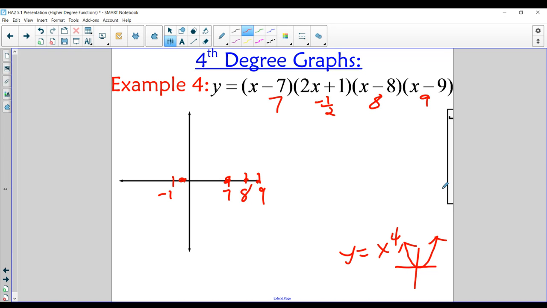All right, so on this graph here, y-intercept. So at a y-intercept, we would have -7 times 1 times -8 times -9, excuse me, those should be negatives.